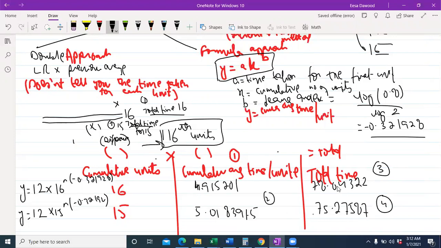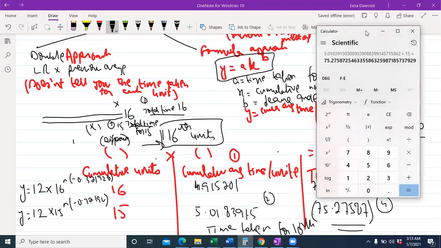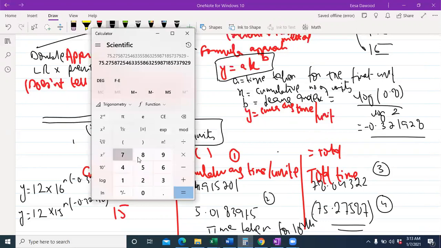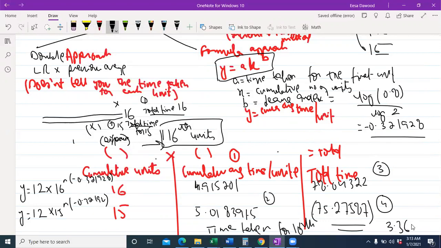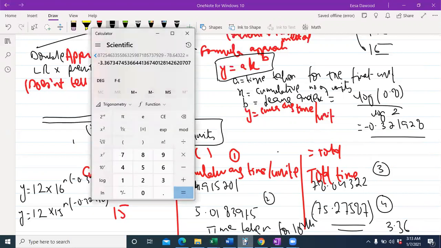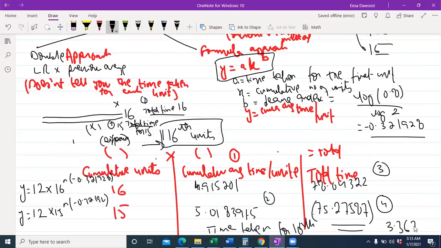Now if I take the difference of both these figures, if I deduct the time taken for 15 units from 16, it will give me the time taken for the 16th unit. 78.64322 minus 75.27587, so this is the answer, 3.36. This is the time taken for the 16th unit. 3.3673. Okay, so that's all.